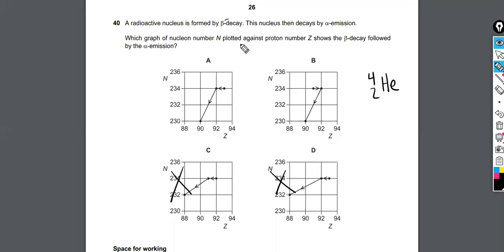Now they don't really tell us if it's beta minus or beta plus decay. There is a type of decay, beta plus, where you emit a positron. That's when a proton becomes a neutron. So you can have this happening in beta plus decay. And then it still would go down by 2 after that.